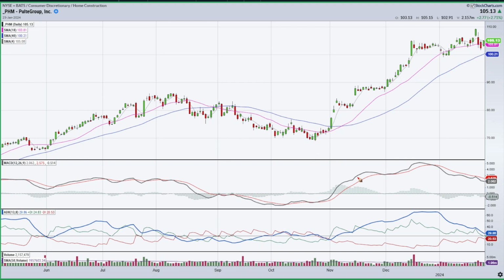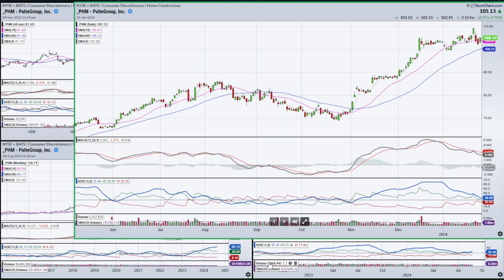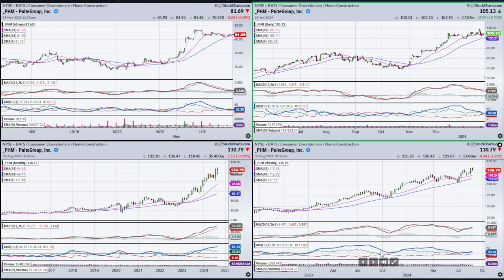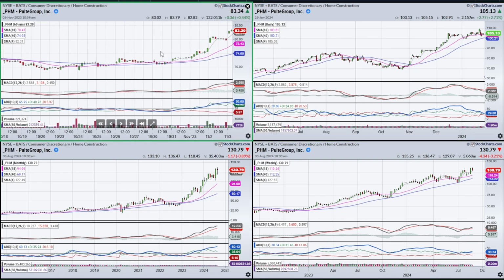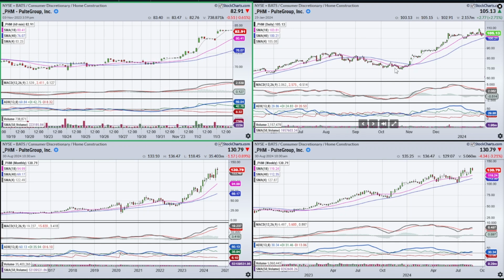Now, doing it off the daily by itself seems a little aggressive, but remember, we've got divergence here, and we've got a really strong reading in MACD and ADX on the weekly chart, and we have a rising ADX on the monthly with a doji forming. So with all that, I'm willing to go ahead and play this hourly signal using the MACD divergence on the daily.